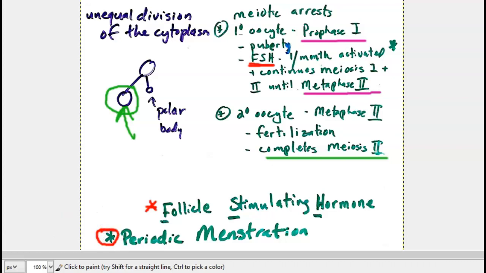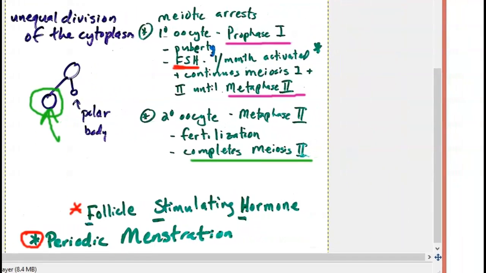A period is something that's happening over and over and over again. And if you have fraternal twins, instead of having 1 per month, you could have 2 per month, and if both of them are fertilized, it can result in 2 children. So this is only in oogenesis.